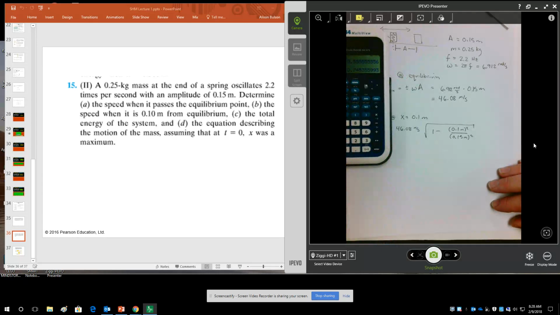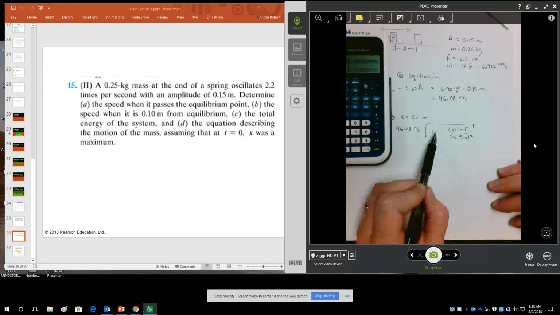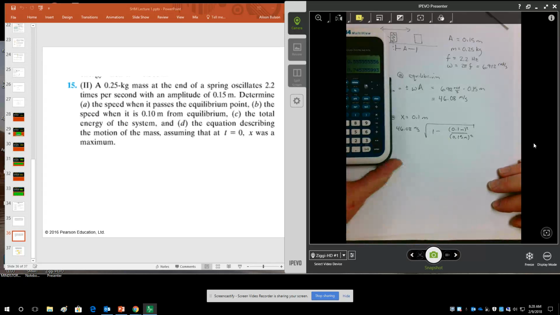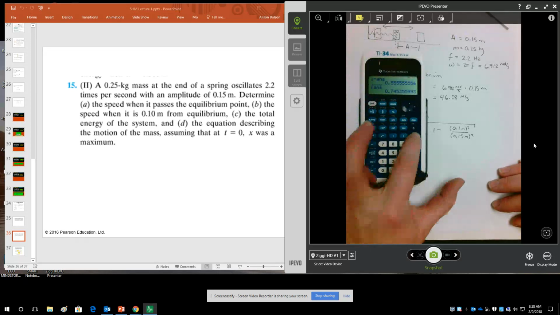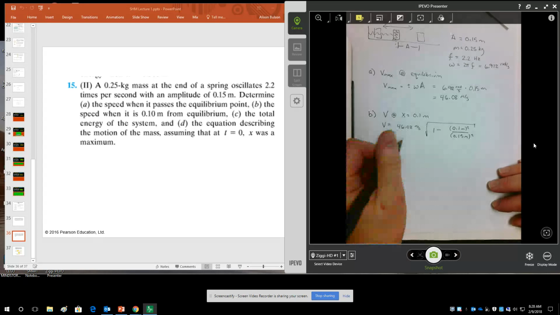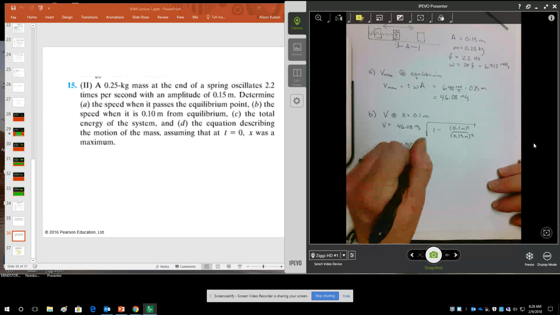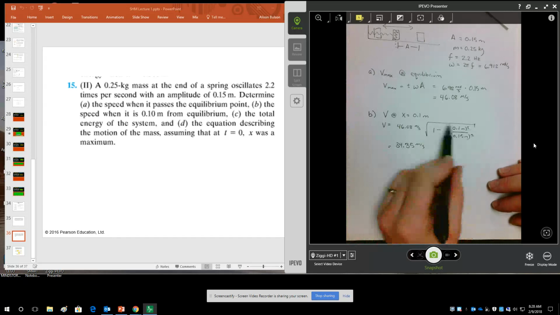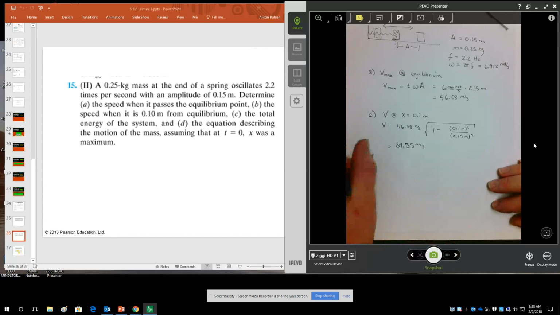So this gives me basically a percentage, right? What percentage here of my maximum velocity? So it's about 75% of my maximum velocity of 46.08, 34.35 meters per second. This business here is percentage of velocity based on its position.